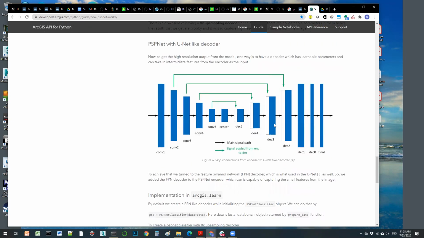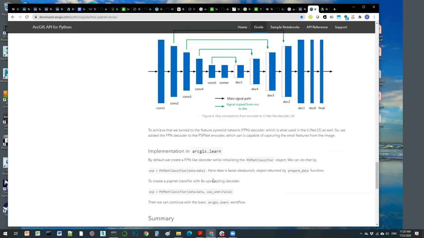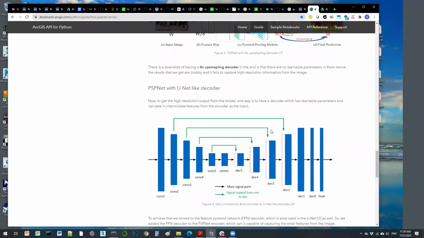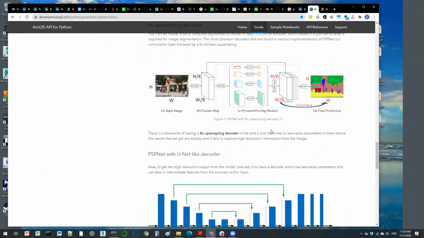And this is kind of what Steve is talking about. Interesting. In fact, I'll post this link. He even talks about using the fast.ai data bunch to get that combination of PSPNet with a UNet decoder. Right, so this is kind of what you're talking about, Steve. UNet decoder with PSPNet. Yeah, I think it's actually that article that I'd seen.